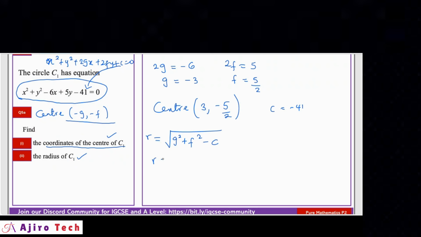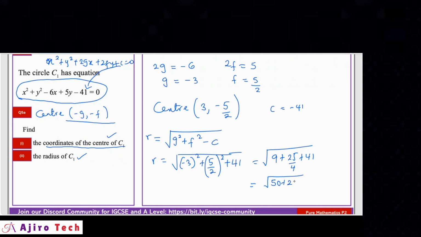So our radius is the square root of (-3) squared plus (5/2) squared, minus (-41), which gives plus 41. So we have 9 plus 25/4 plus 41. If we add 9 and 41, that would be 50. So we have 50 plus 25/4. That's under our radius.